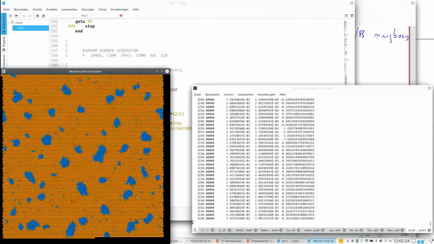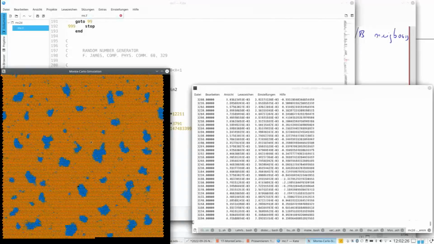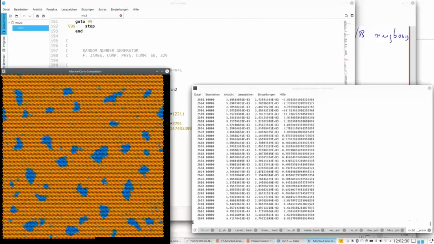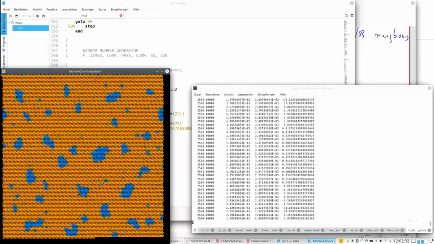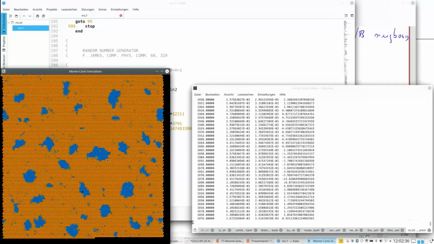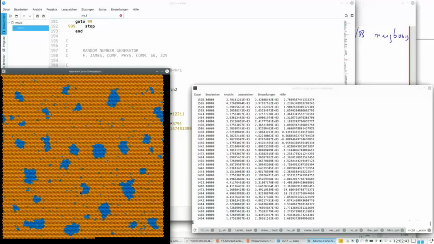Now you see that stable clusters formed. They exchange atoms between each other, and after some time the small ones disappear. That's the Ostwald ripening. The big ones stay, and if we would wait long enough, there would be one huge blue particle and all the others would have disappeared.